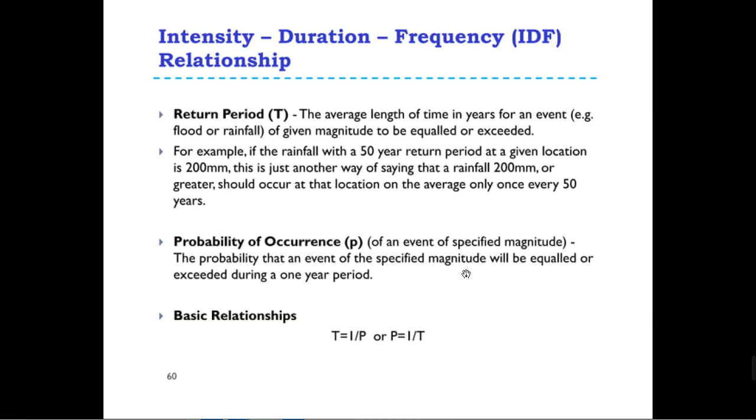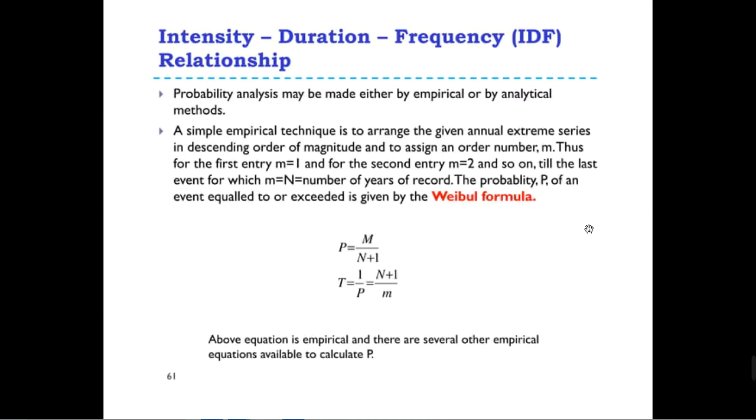So you have to understand the average length of time in years for an event magnitude to be equaled or exceeded, right?